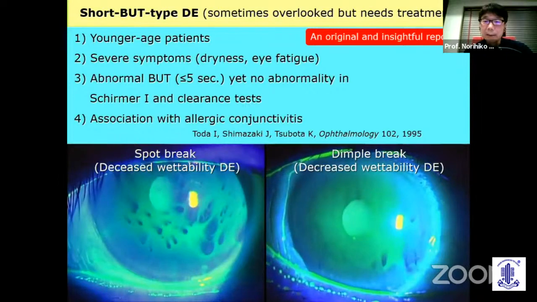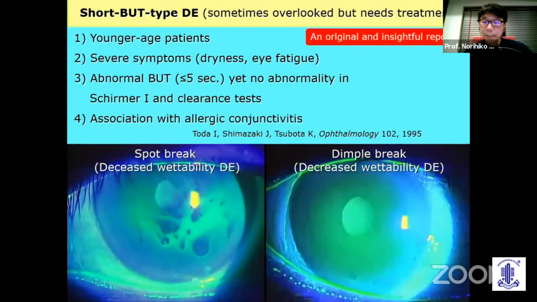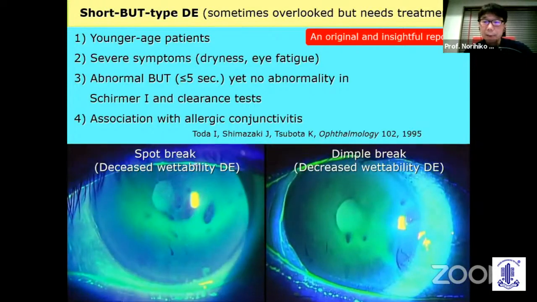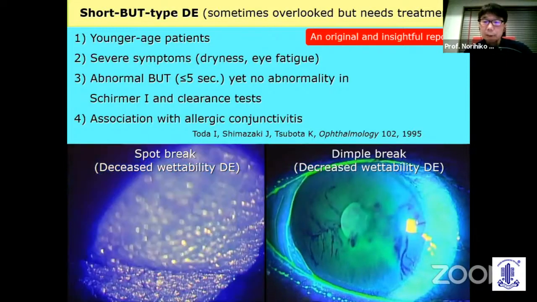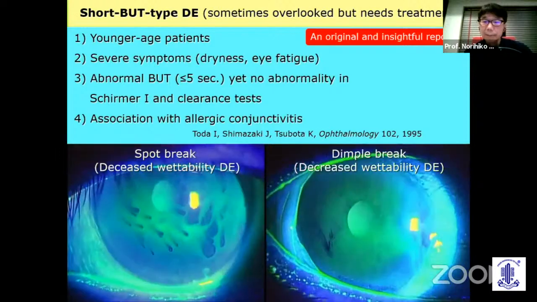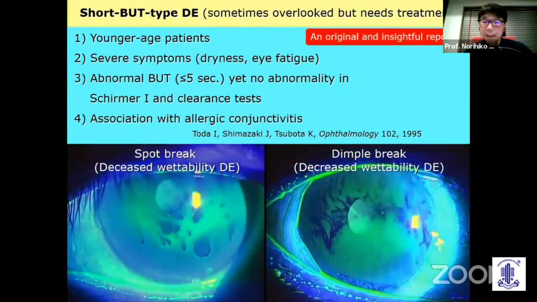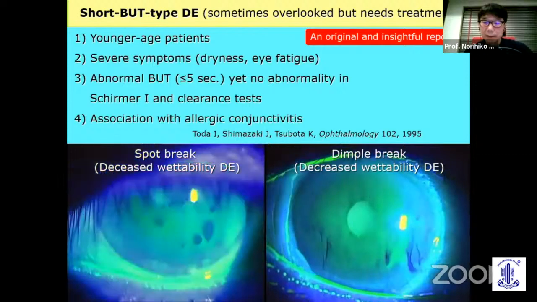An original and insightful report about this dry eye subtype was made by Professor Tsubota's group, where short BUT type dry eye was introduced as dry eye seen in younger patients with severe symptoms such as dryness and eye fatigue, with abnormal BUT yet no abnormality in the Schirmer test and clearance test, and with association with allergic conjunctivitis.